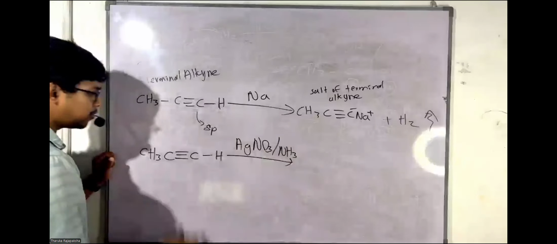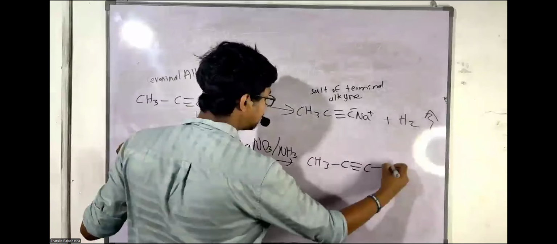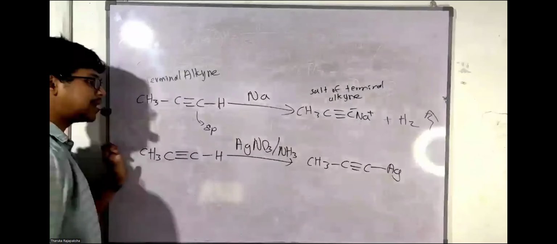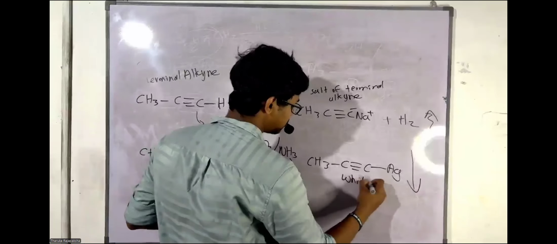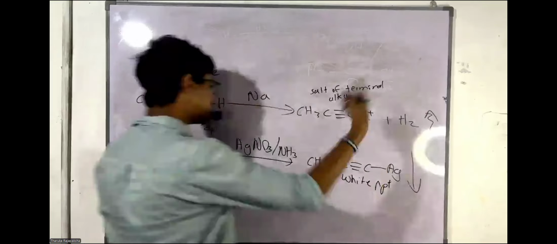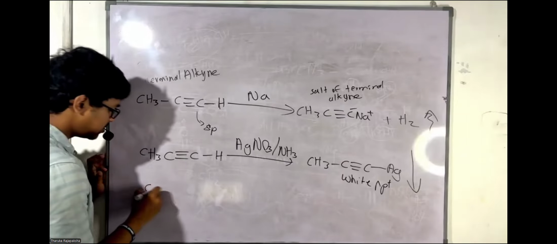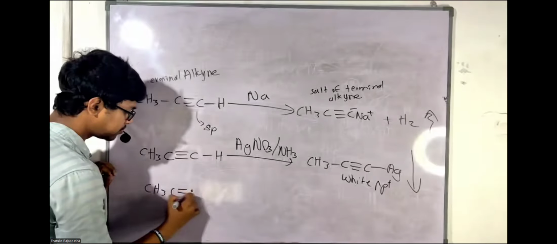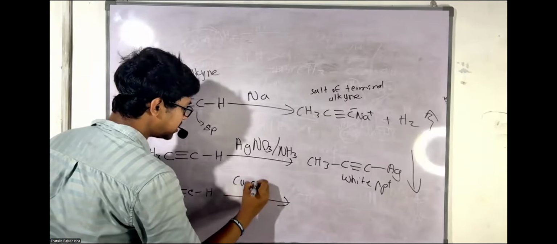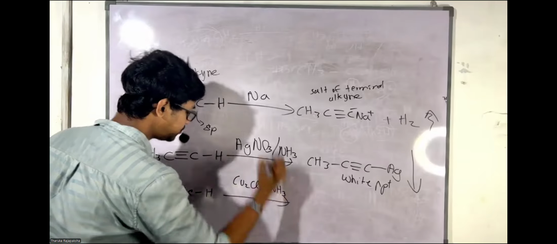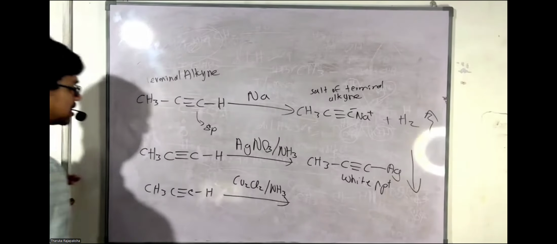This will react to form a triple bond carbon with Ag attached to the carbon, and now this will form a precipitate. It's a white color precipitate. It's an identification method we are going to learn later. Now this is also learned as a reaction, so that's why I gave this. You have this also where we attach a copper atom: Cu2Cl2 in the presence of ammonia, where copper is in +1 oxidation state.